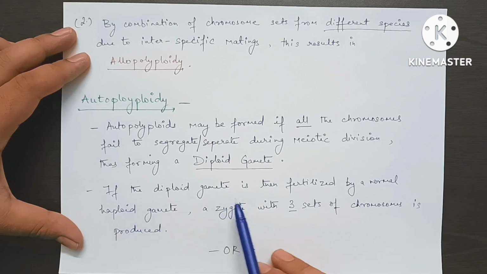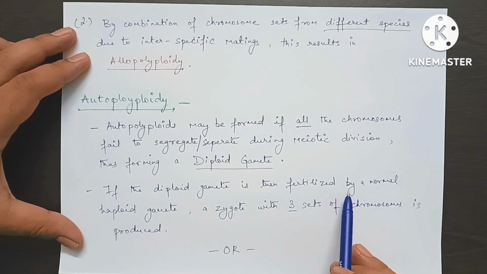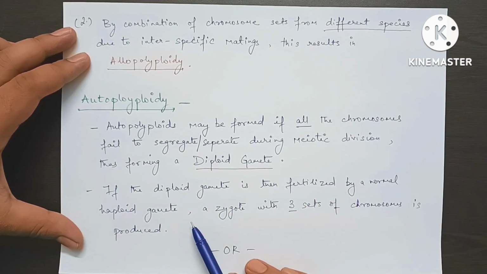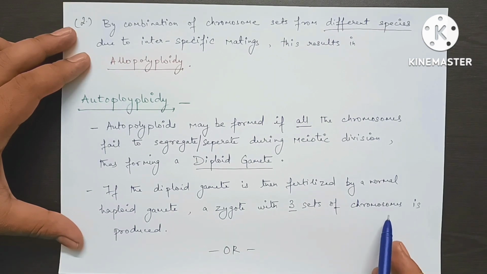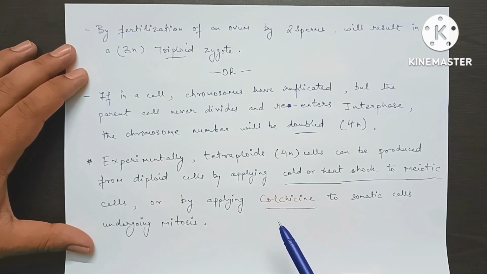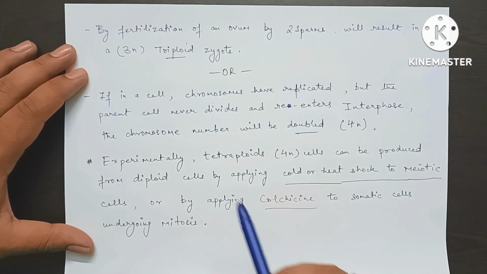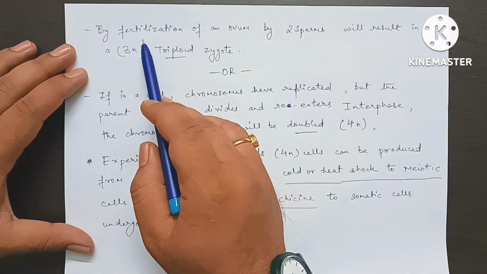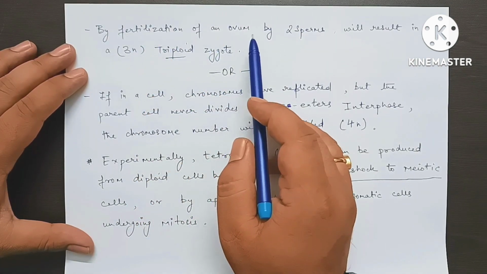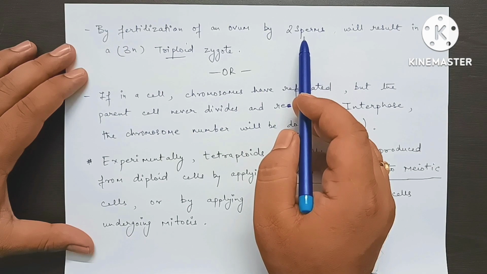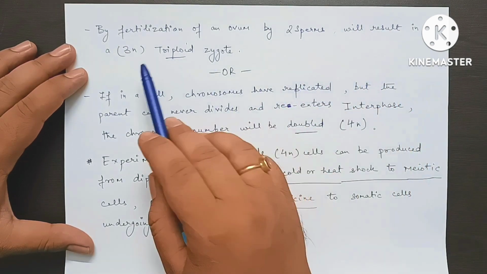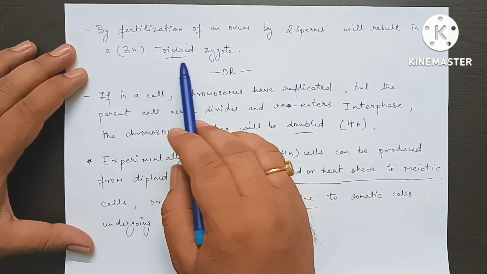If the diploid gamete is then fertilized by a normal haploid gamete, a zygote with three sets of chromosomes is produced. Autopolyploids may also be formed by fertilization of an ovum by two sperms that will result in a 3n or triploid zygote.